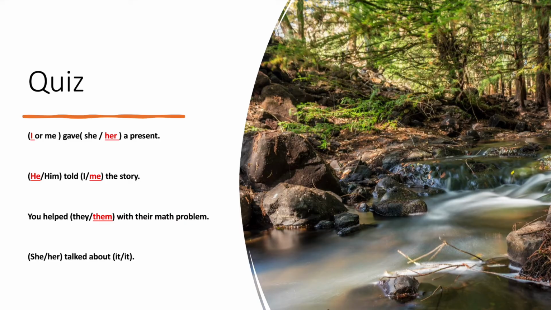I have they or them. I helped they or them. So I'll choose them because them is an object pronoun. And it can come after the verb. So the correct sentence is, you helped them with their math problem.